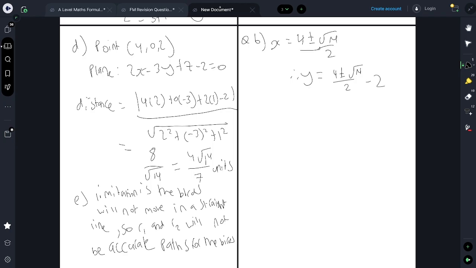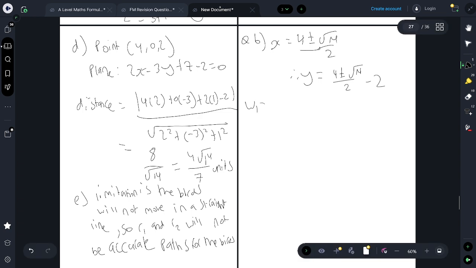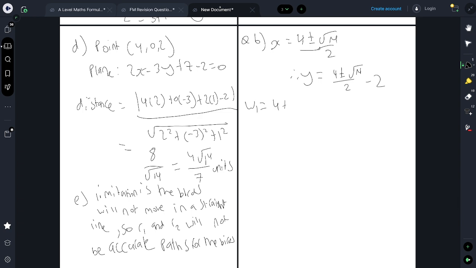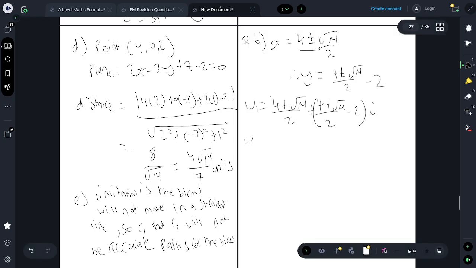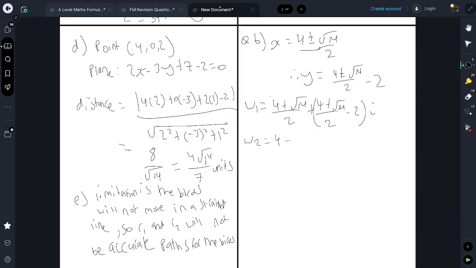Okay. So we have two possible numbers. So w1 would be 4 plus root 14 over 2 plus 4 plus root 14 over 2 minus 2i, or 4 minus root 14 over 2 plus 4 minus root 14 over 2 minus 2i.